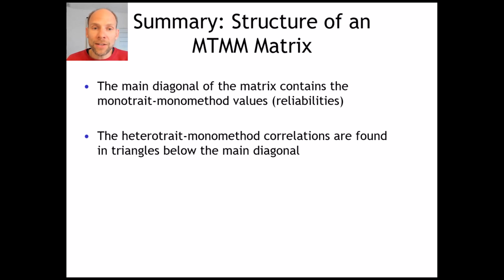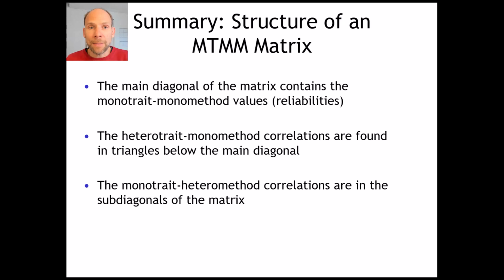Next were the heterotrait monomethod correlations that were found in the triangles right below that reliability main diagonal. Those were indicative of discriminant validity and halo effects, effects of shared method variance within the same method or rater type. And then in the subdiagonals in the matrix, we found the monotrait heteromethod correlations that give us a sense for convergent validity across different methods or raters.